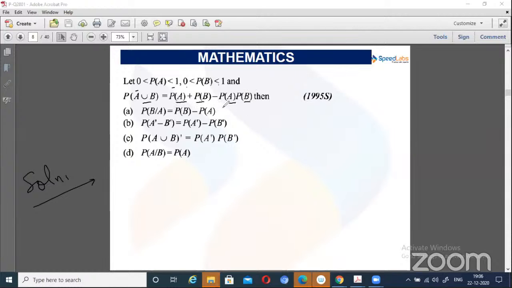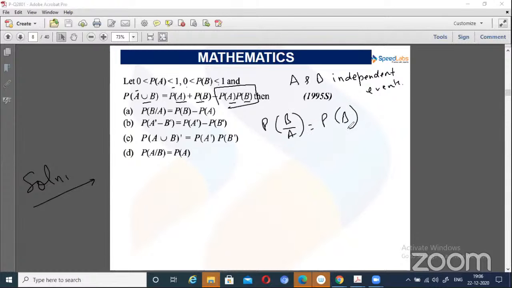Then obviously we can take the hint from here that A and B are independent events. So P of B by A will be equal to P of B here because they are independent.